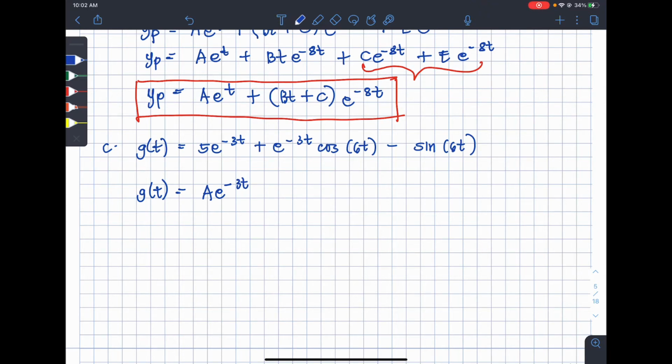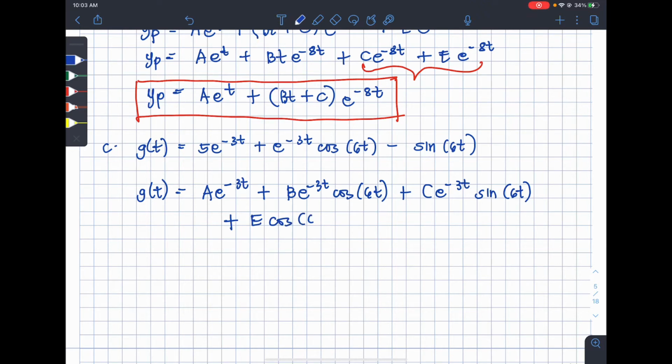The other one, it's not. Okay? So, kaya ang gagawin natin yan, that would just be plus b, yung e negative 3t cosine 60, then plus c, e raised to negative 3t sine 60. Then para dun naman sa sign lang, that would be plus E cosine 60 plus F sine 60.